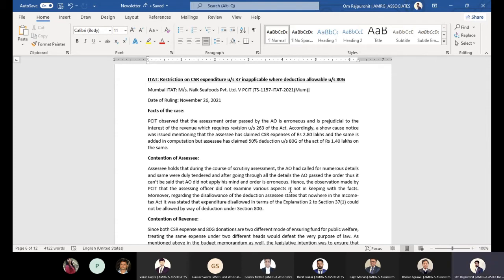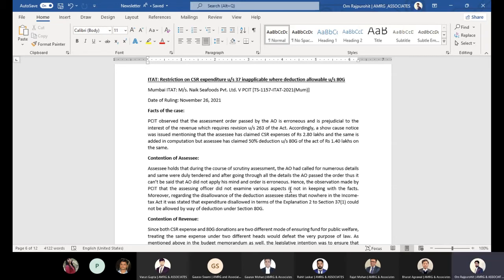The contention of the assessee was that since the matter has already been examined in detail and the tax officer had called for numerous details and was duly satisfied, this order cannot be treated as prejudicial or erroneous, and it is nothing but a mere change of opinion by the PCIT.